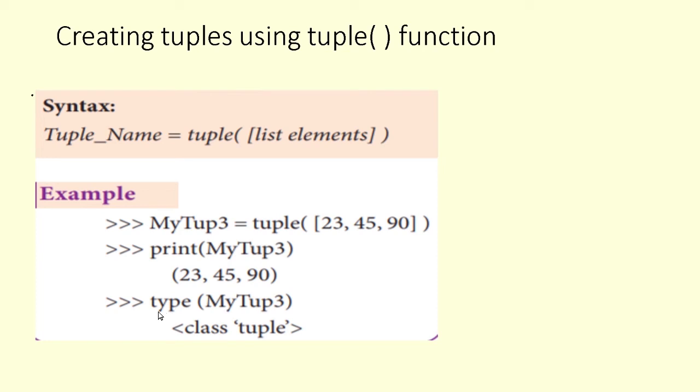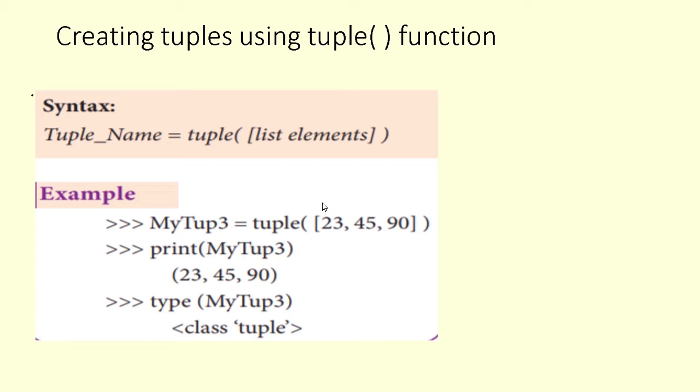If I give type of my_tuple3, already you know about the function type, it will specify the data type. It gives us the output as class tuple. This is how we can create a tuple by using the tuple function. Here I have given the values enclosed within square brackets, that means I have given a list.